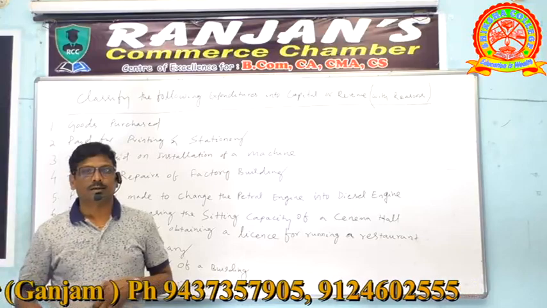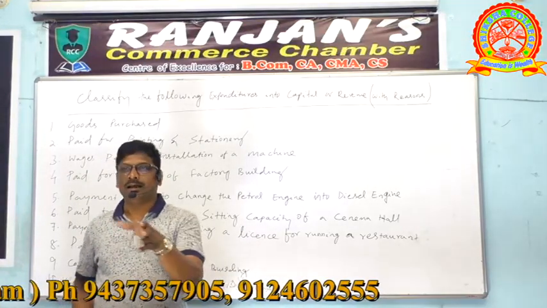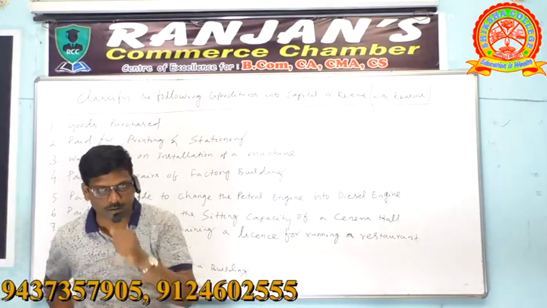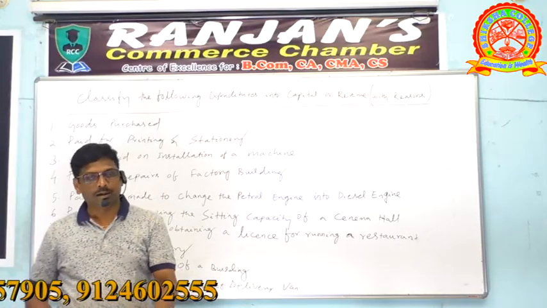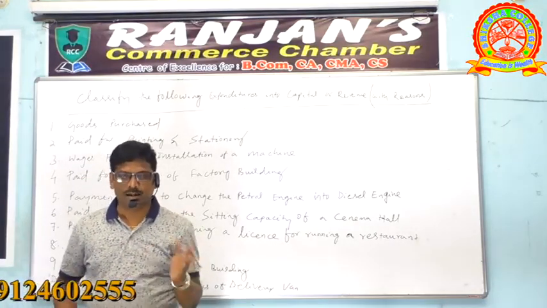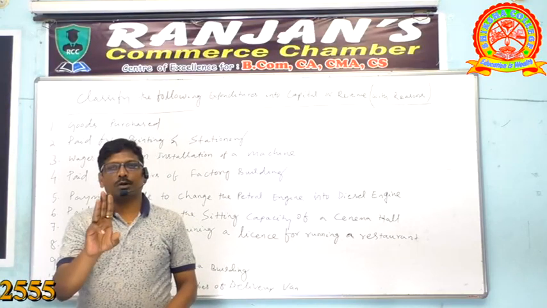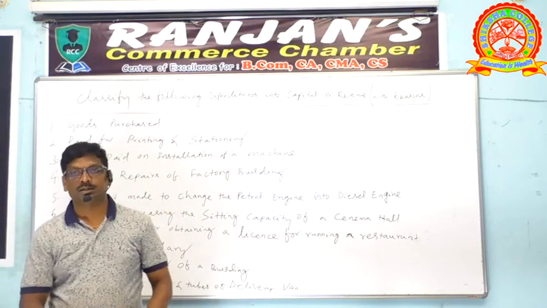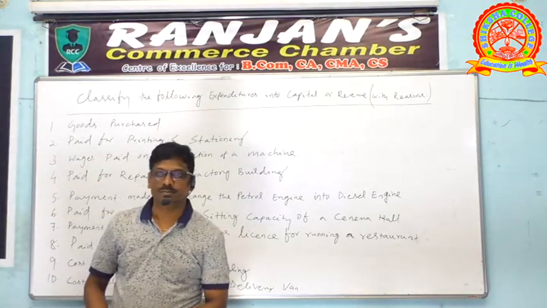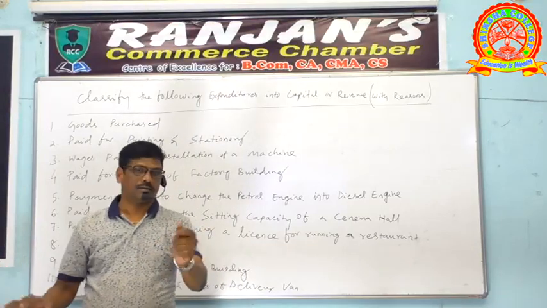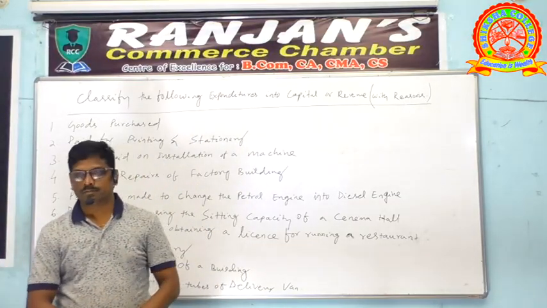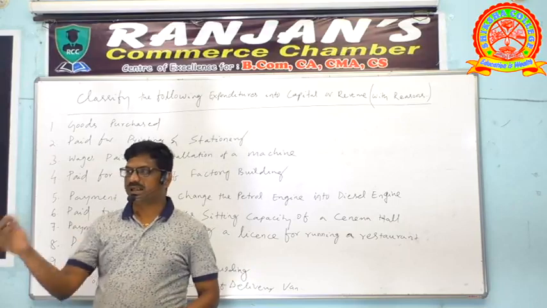Nowadays, diesel driven jeeps are available and if you incur 70 rupees for diesel per liter, it will run 22 kilometers. See what to do. Sir, better change the jeep. Sell the old jeep, purchase a new jeep.